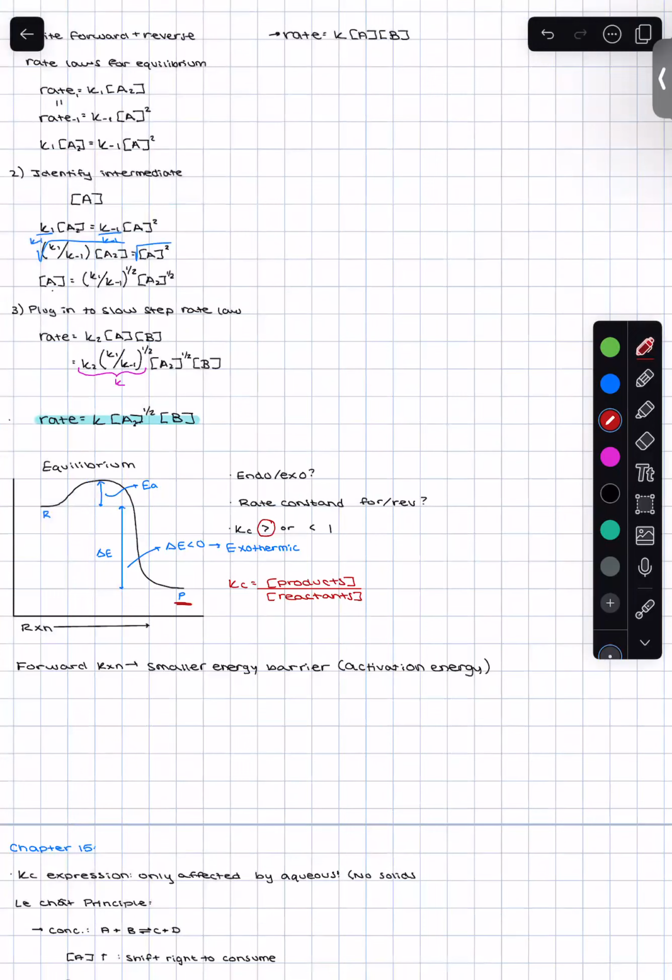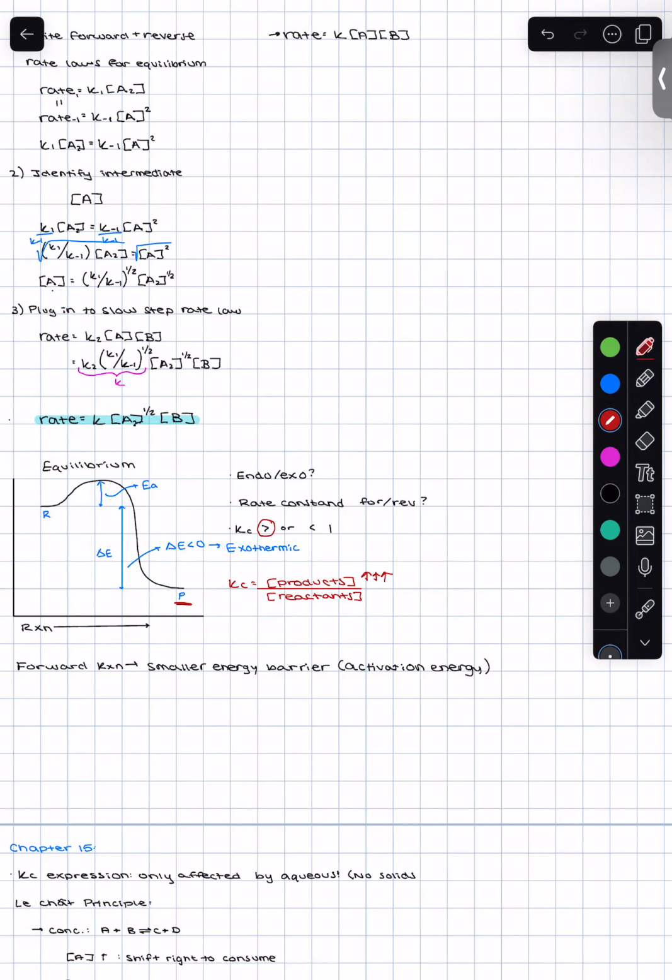So if you have a lot more products in comparison to the concentration of reactants, Kc is going to be a much larger number. Does that make sense? Or does anyone have any questions?